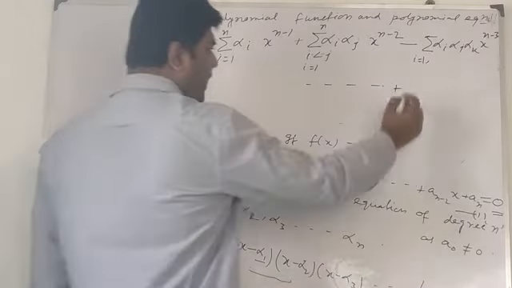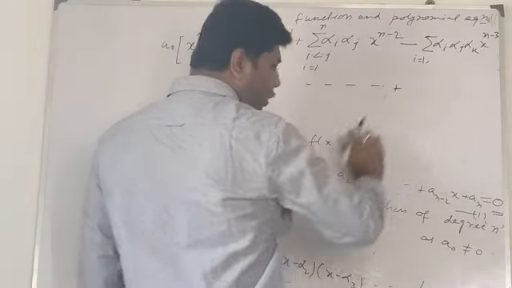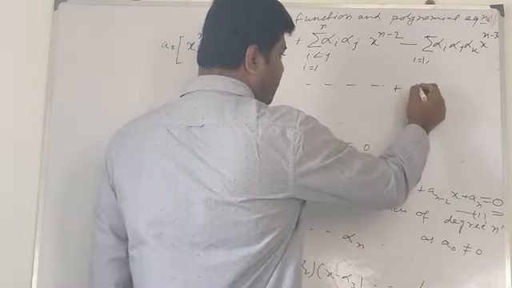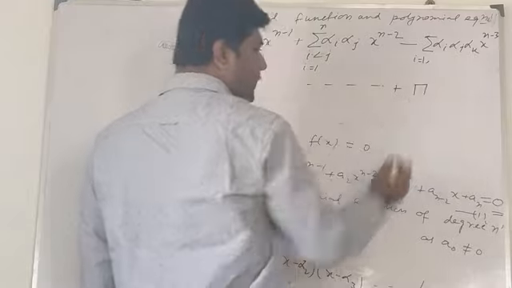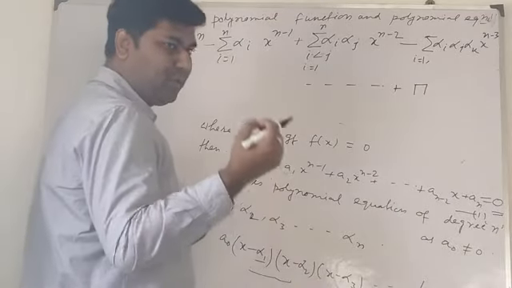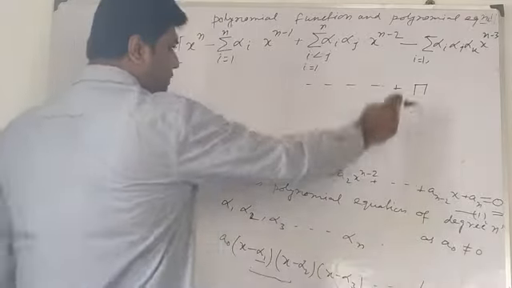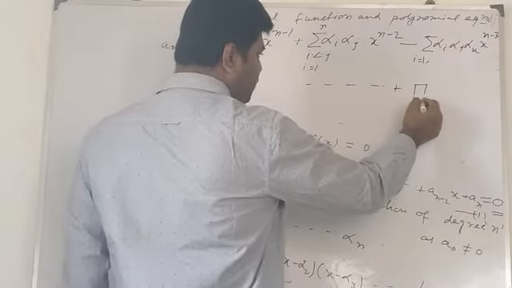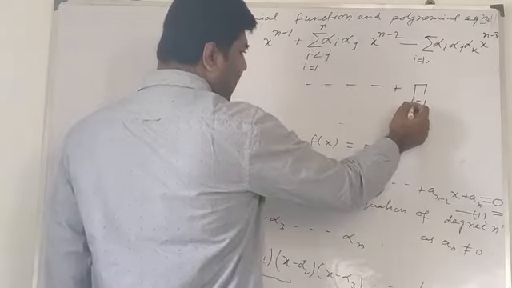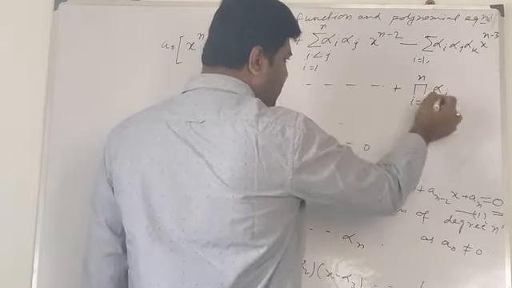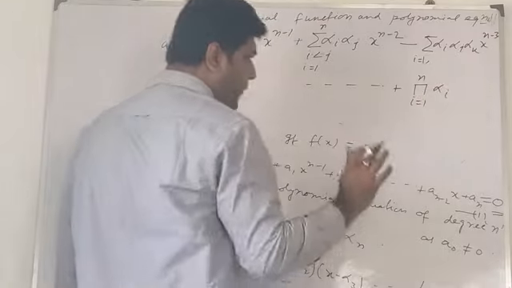That means you should write here the product of all these roots. In mathematics, we use notations to make it simple and short. This is the sign of product, written like pi. So it is the product for i equal to 1 to n of alpha i. It means the product of all alphas.